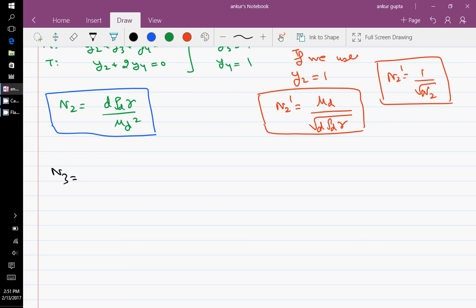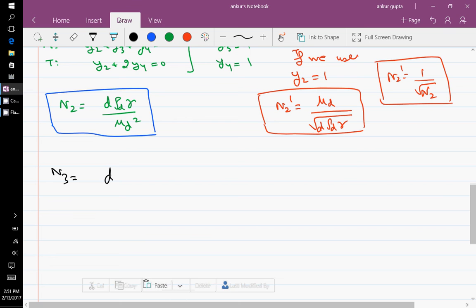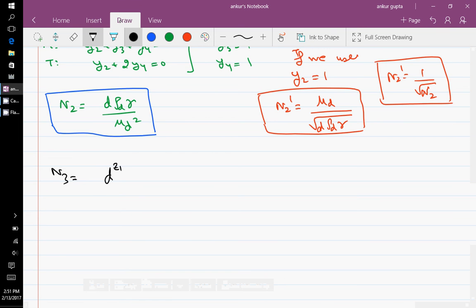You did not want to use density now, so you started with d raised to the power of z1, mu d raised to the power of z2, tau raised to the power of z3, and gamma raised to the power of z4. This is also allowed. And then you can put z1 equal to 1. Again, you can use something else also, but let's just put z1 equal to 1.